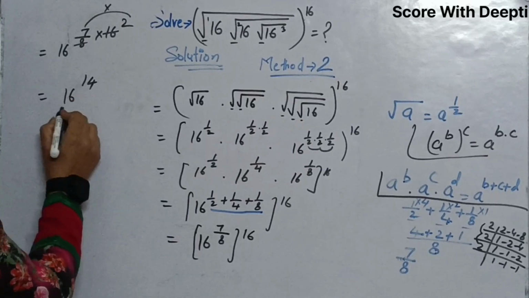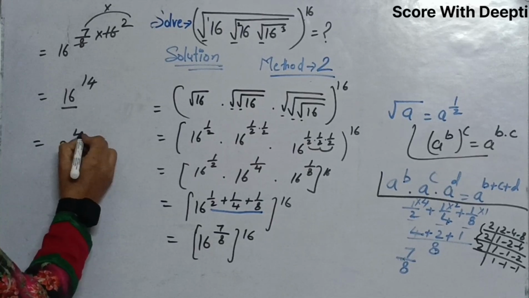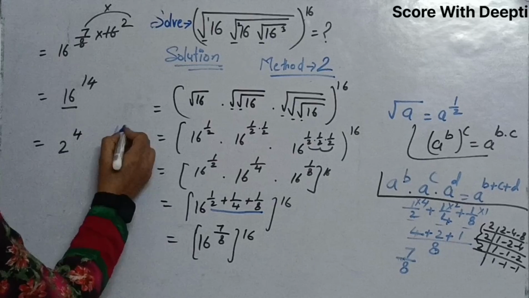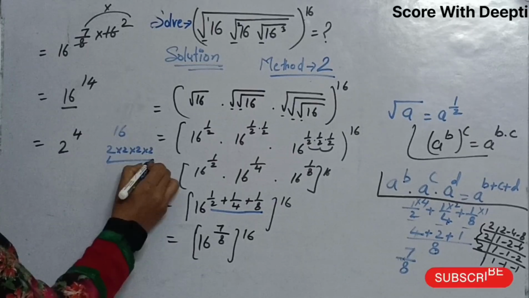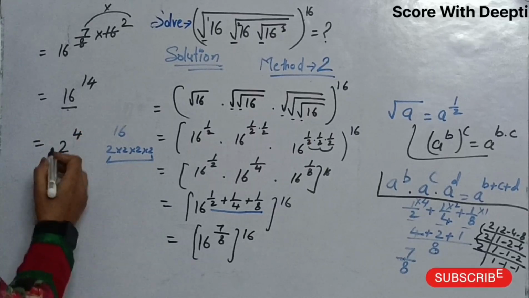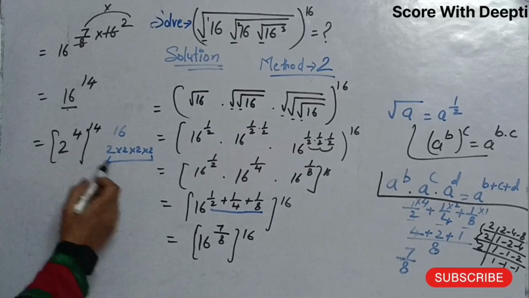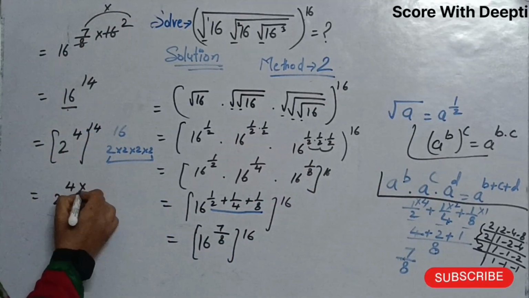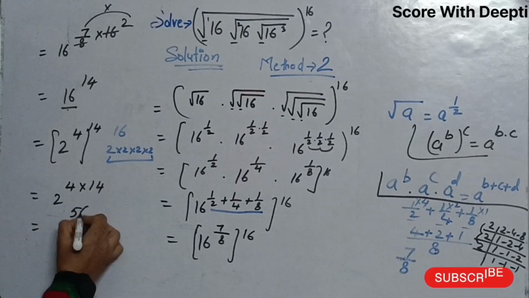Next in place of 16 we will write 2 to the power 4, means 16 equals 2 into 2 into 2 into 2, 4 times. Means in place of 16 we will write 2 to the power 4 to the whole power 14 as it is. Again here we apply this identity and we get 2 to the power 4 multiplied by 14, and we get 2 to the power 56.